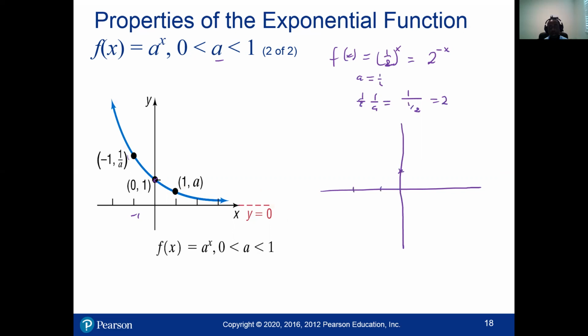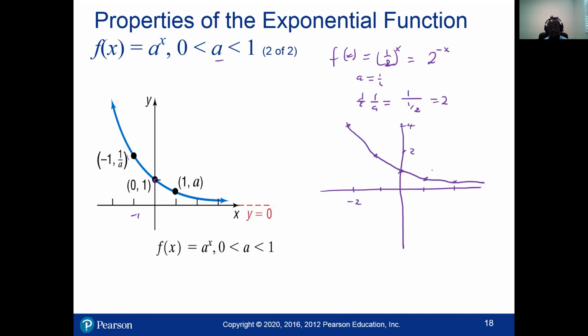This point will be 1 over 2, so it's going to be here. And then if it is negative 2, that will be like 4. Let's say this is 2 and this is 4. That would be this point. And then 1 and 1/2. It's going to pass through that point, coming that way. So it will be a decreasing function like that.